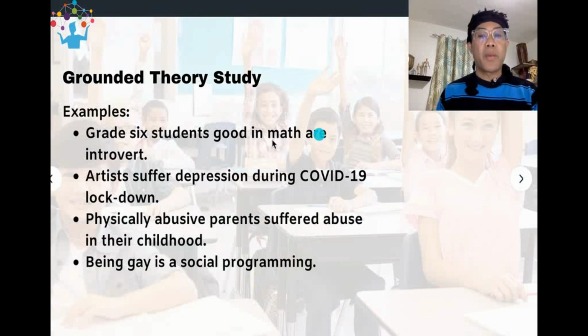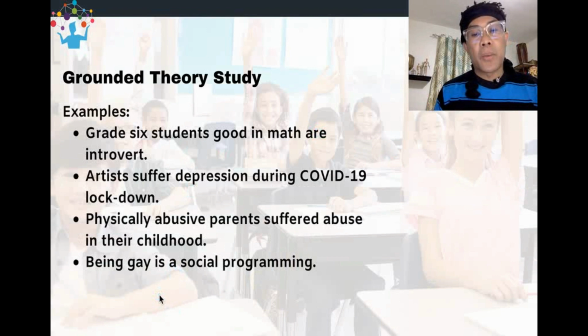So let me give you some examples of what you can come up with using the grounded theory study. The first one is: grade 6 students who are good in math are introvert. So we're saying that those who are good in math are introvert.